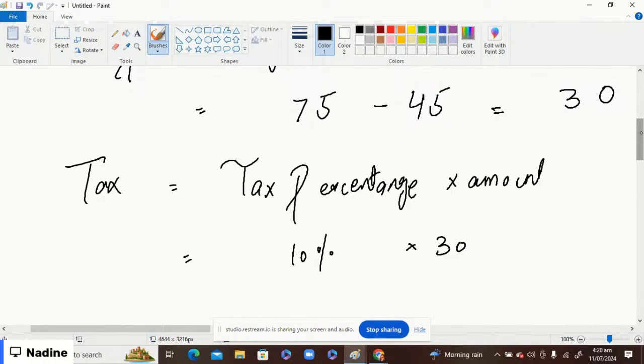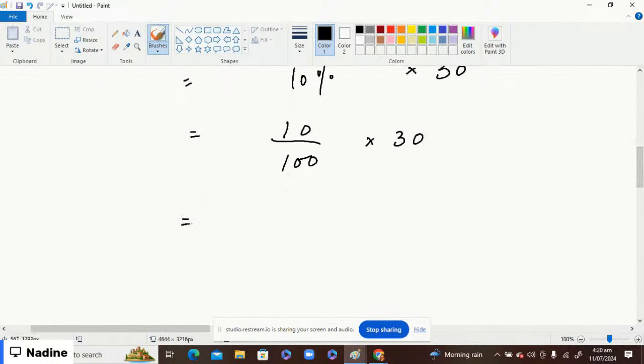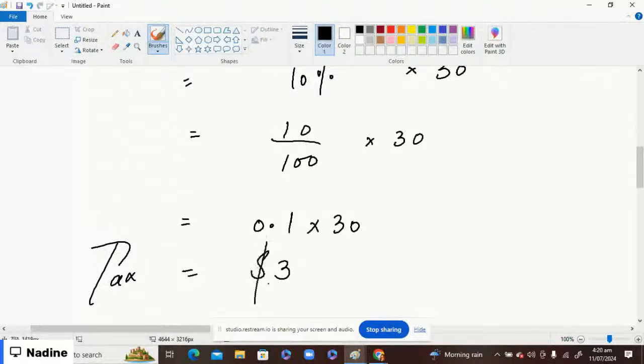What is 10% of 30? 10% is 10 divided by 100 multiplied by 30. What is 10 divided by 100? That is 0.1, multiplied by 30. So we get the answer 3. This is your tax. Okay, so how much is the tax? That is $3. Got it?